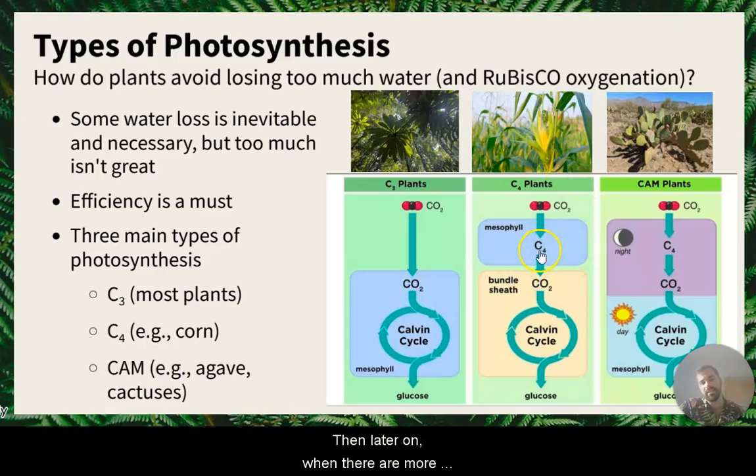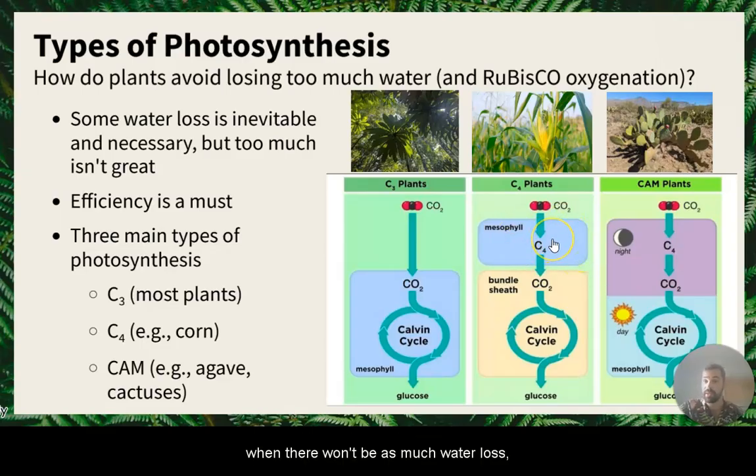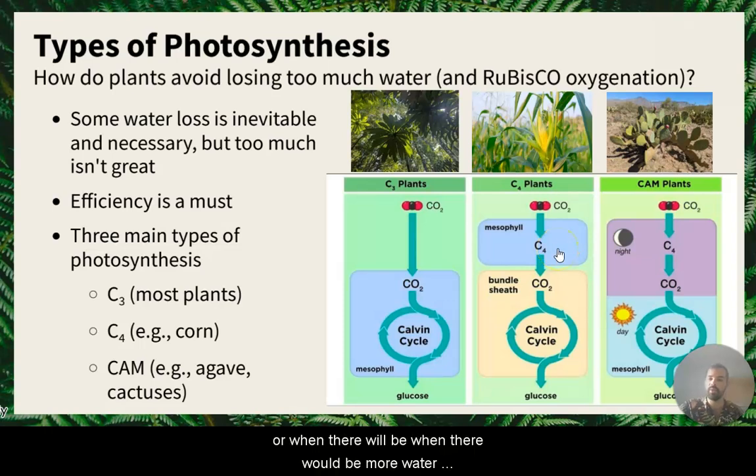Then later on, when there are more favorable conditions for photosynthesis to proceed, when there won't be as much water loss, this 4-carbon sugar is then able to be brought into a different set of cells, these bundle sheath cells that are closer to the xylem where the water is.